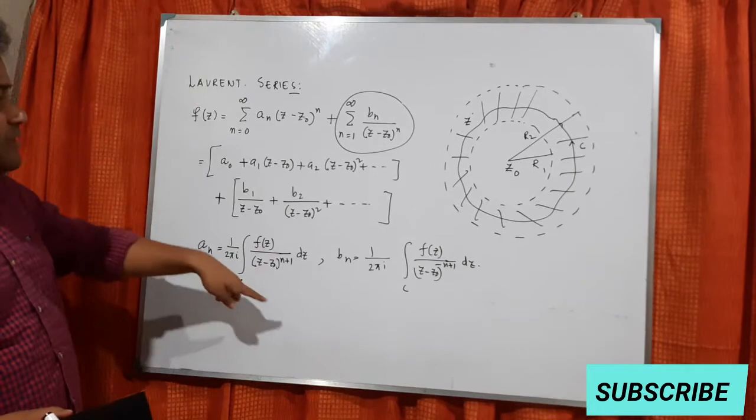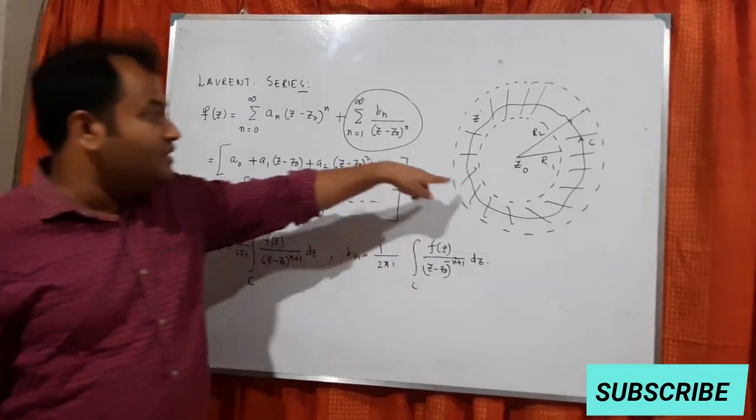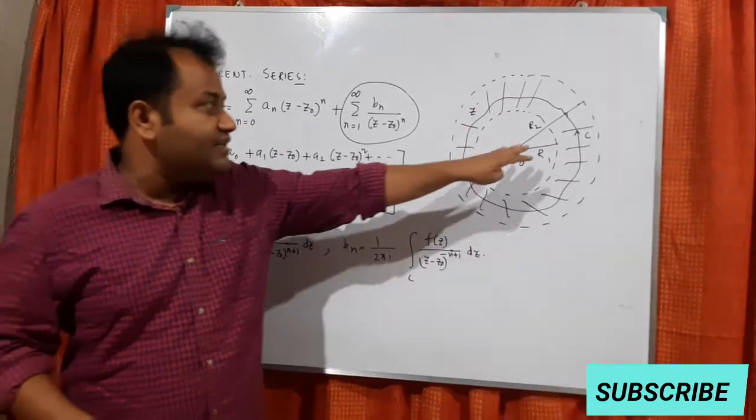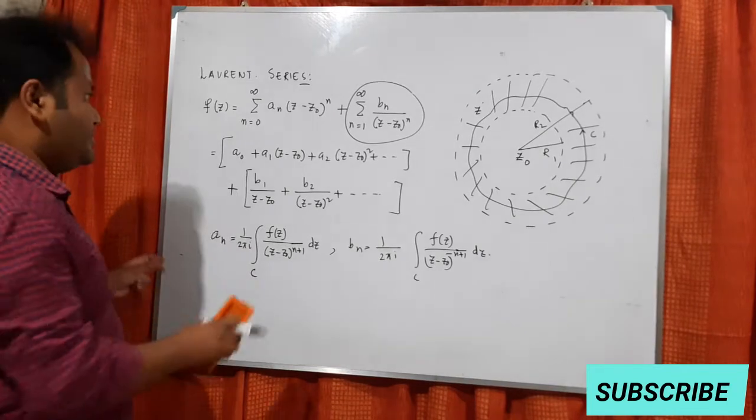So here a_n and b_n you can find, which is a curve integration over this curve which is defined in the annular region. So this is the idea for Laurent series.